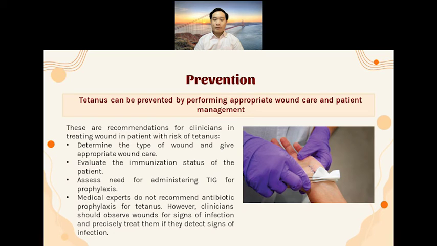For patients who have completed 3 doses of primary tetanus vaccination, if the patient received it less than 5 years earlier, they are considered protected against tetanus, so they don't need another dose of tetanus vaccine. However, if the last dose of tetanus vaccine was received 5 or more years ago, they need a booster dose of tetanus toxoid containing vaccine.